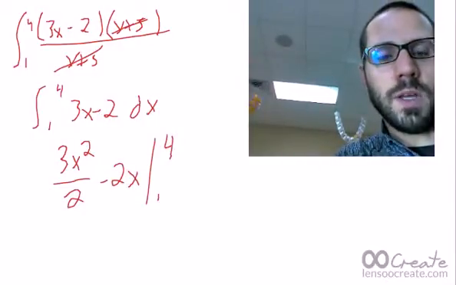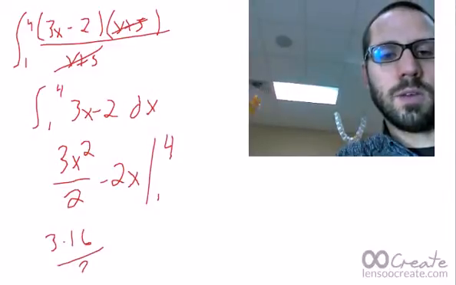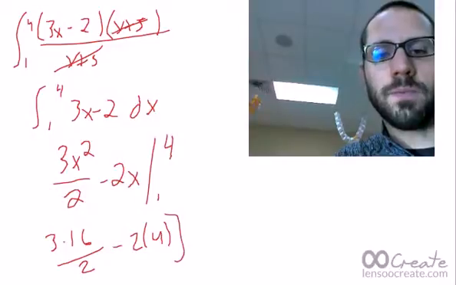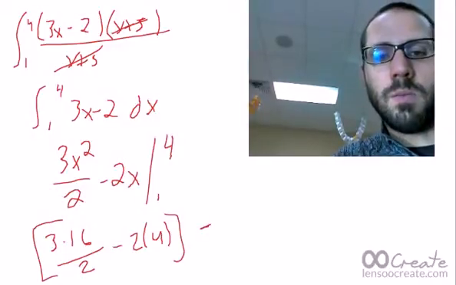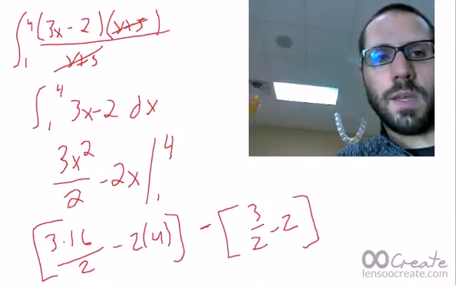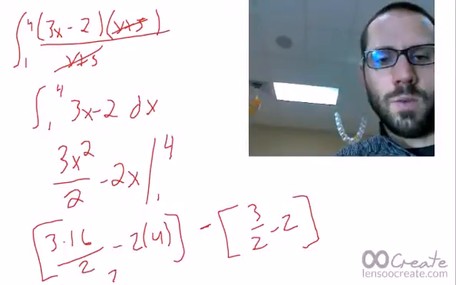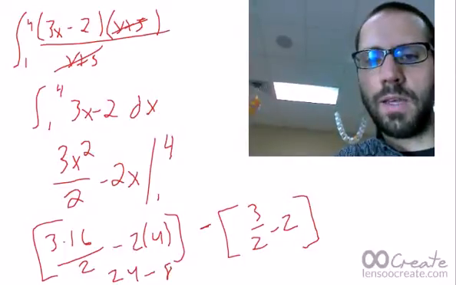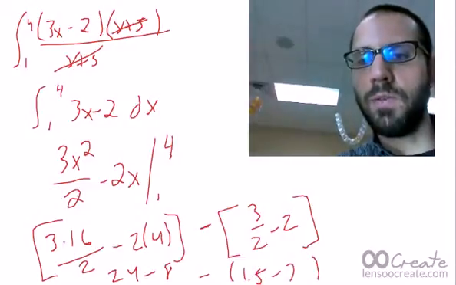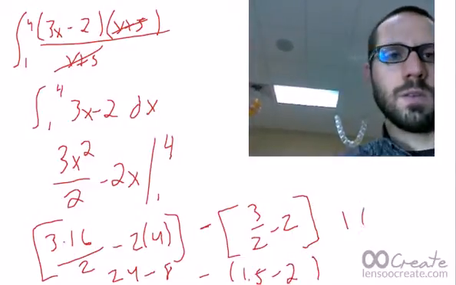Put the 4 in. 3 times 16 over 2 minus 2 times 4. Minus, put the 1 in. 3 halves minus 2. What do we get? 24 minus 8 minus 1.5 minus 2. Let's call it 16.5 area under the curve.